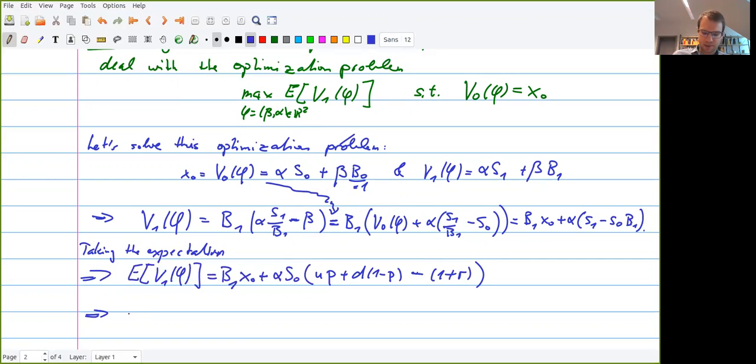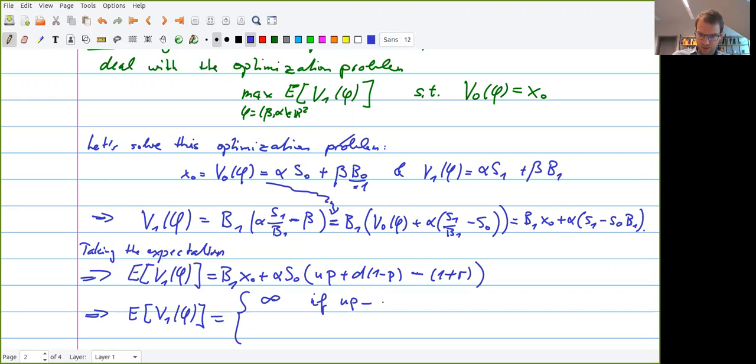So what does it tell me? Well, what do I observe here? What I observe is that I can always ensure that this expected value goes to infinity, in the case that this factor here is positive.